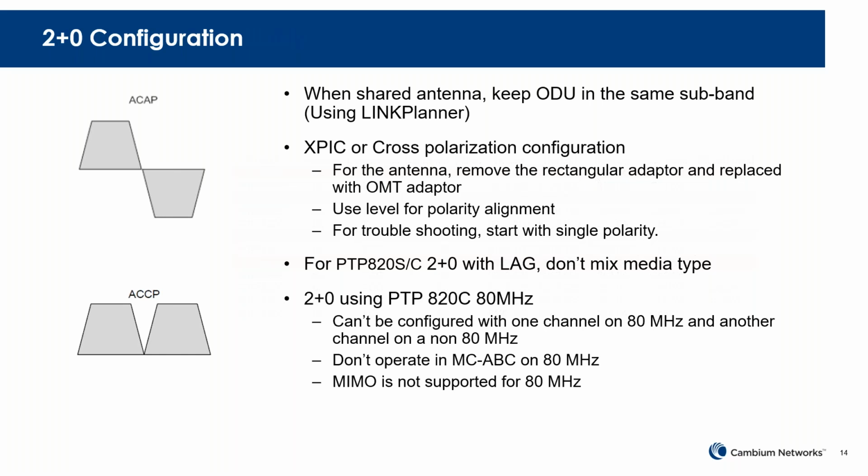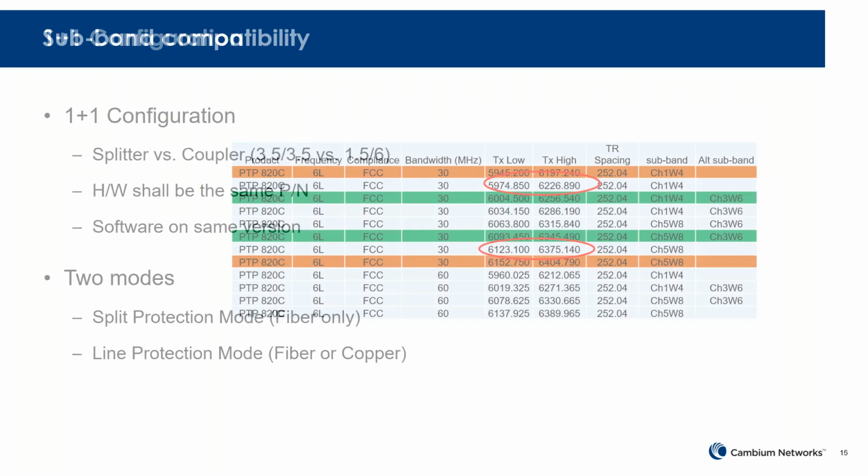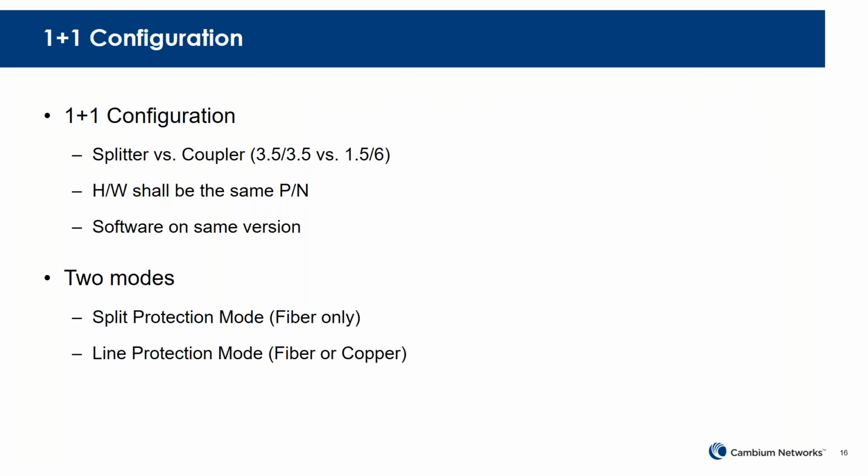So with an 80 megahertz channel, you don't want to operate with MCABC. And also, we don't support MIMO with 80 megahertz. That's what we talked about.